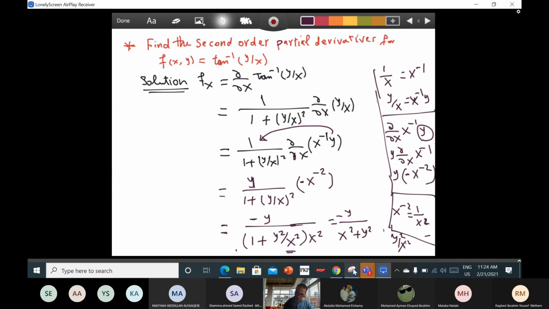X squared times y squared over x squared will be y squared, right? Easy. Now I get the first derivative. How can I get the second derivative? Okay. Take a screenshot, please, because I'm going to go for the next page.